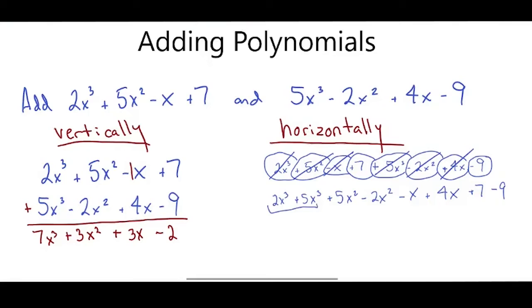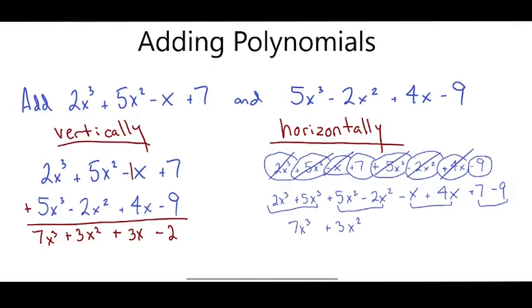So let's combine like terms. So here I can combine those, and those. So I have 2x to the third plus 5x to the third, that's 7x to the third. Then I have 5x squared minus 2x squared. Well, that's positive 3x squared, so plus 3x squared.